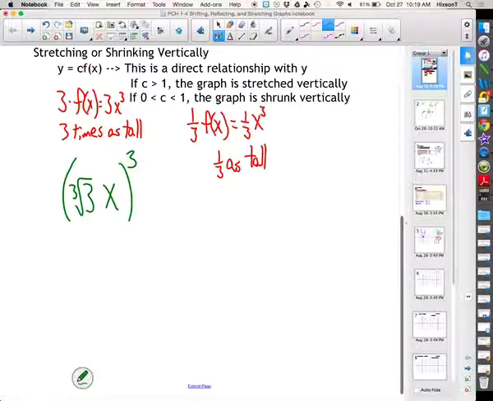So this is a stretch vertically, 3 times as tall. The end result is that it will be compressed to 1 over the cube root of 3 as wide. Okay? But that's where I say go for the obvious. Here it's just 3 times the x cubed. It's a vertical stretch. Alright?